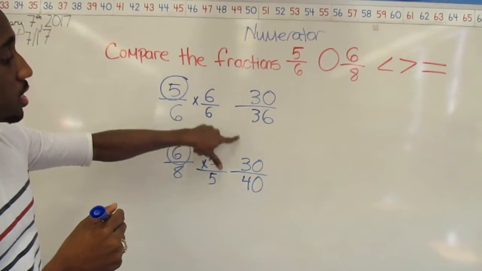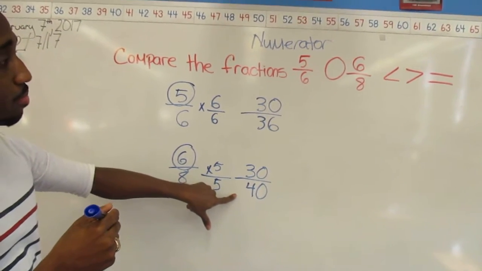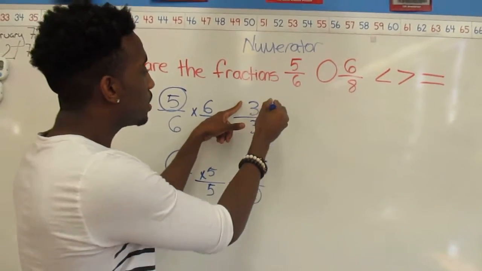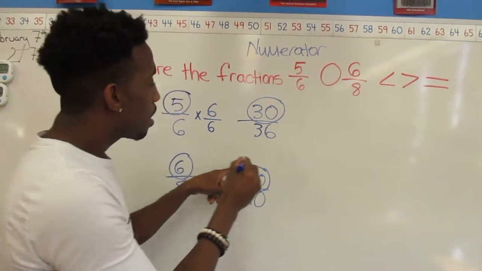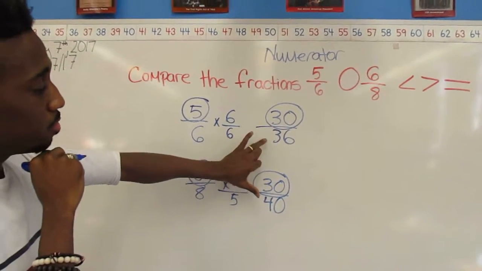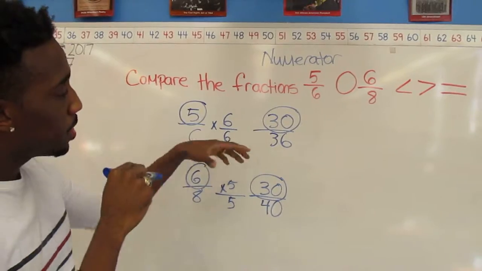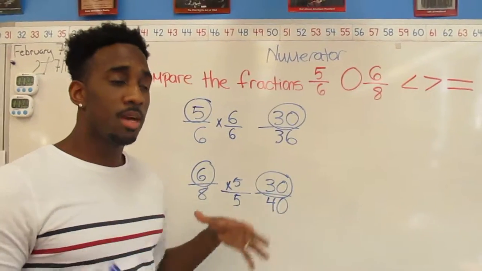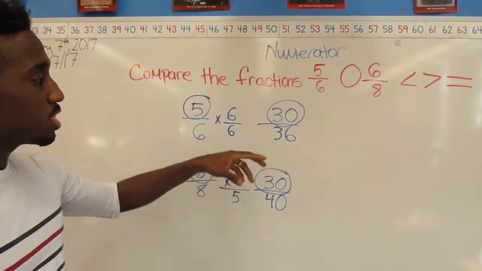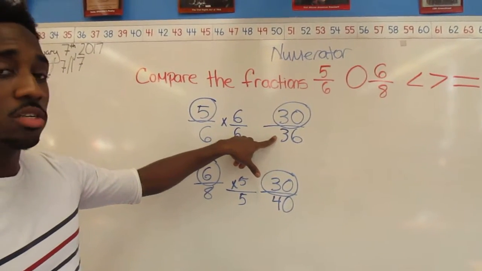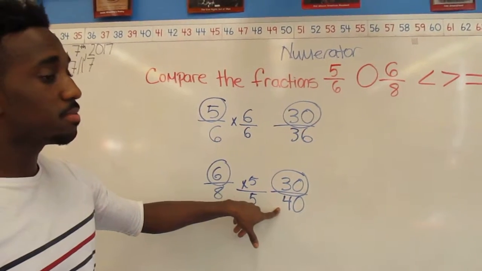30 over 36 versus 30 over 40. Even though both numbers have 30 parts that we're looking at, my denominator is going to come in helpful. Imagine us having a cake, and imagine that cake being split into 36 pieces or 40 pieces.